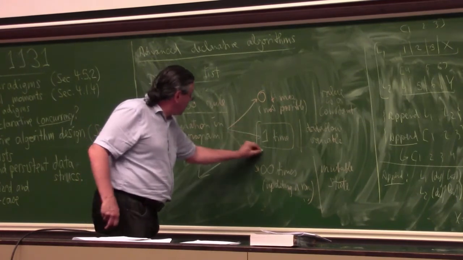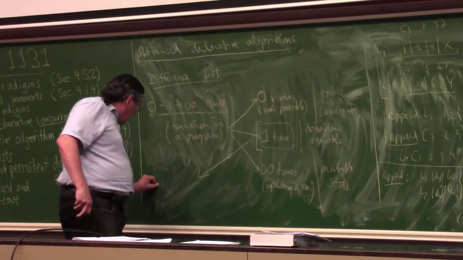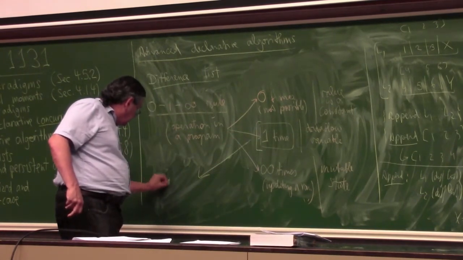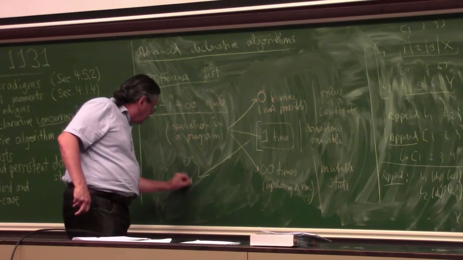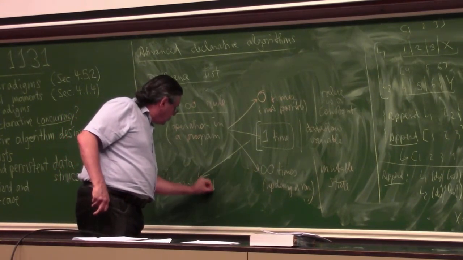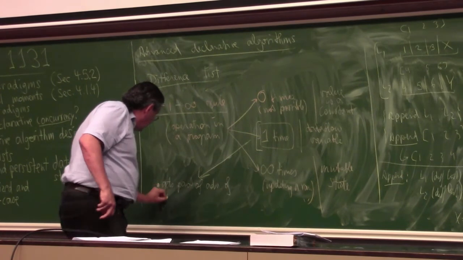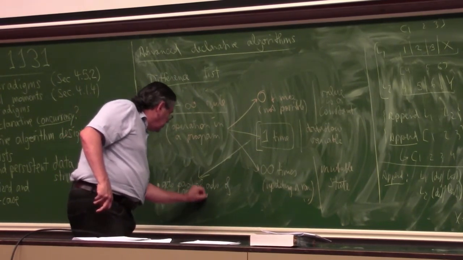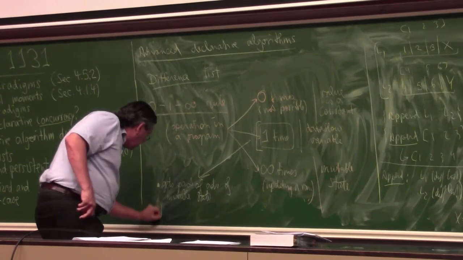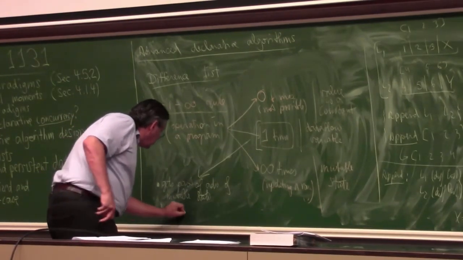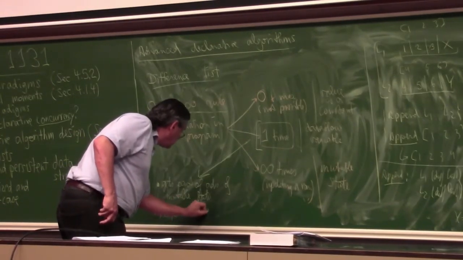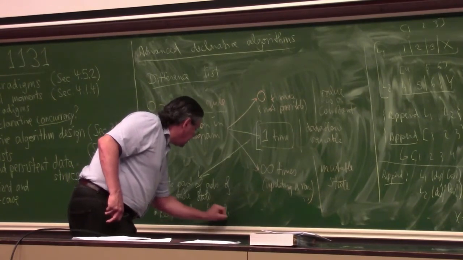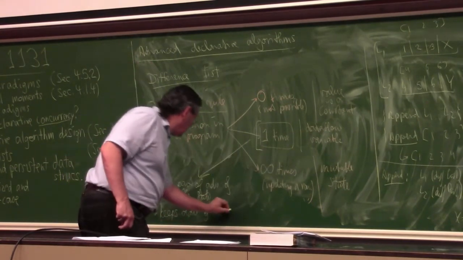So the 1 time case gets part of the advantage of mutable state. You can assign it, but only once. And it keeps all the advantage of declarative programming. So it's a very nice intermediate point.